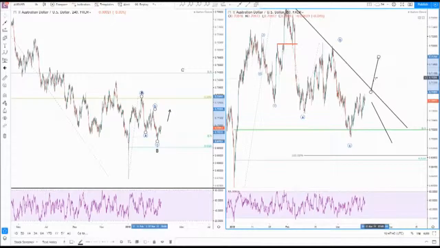You're probably thinking, it's already moved 120 pips, how much more upside is there? Well, it could go to 74.50. So the way we play it is, let's say this was wave 1, we then get a wave 2 correction, then we break out for wave 3 and we test that wave B level.